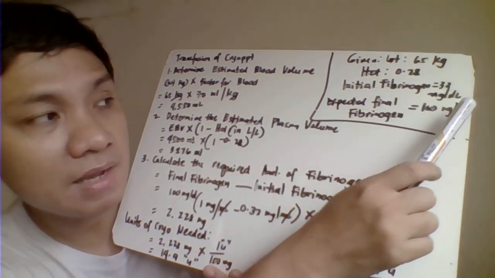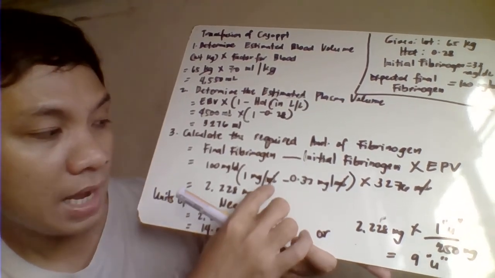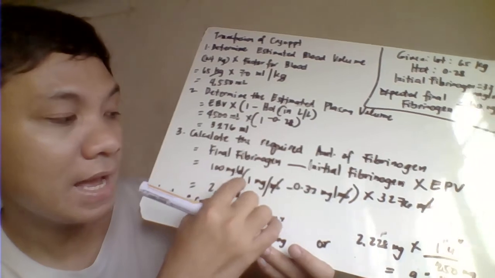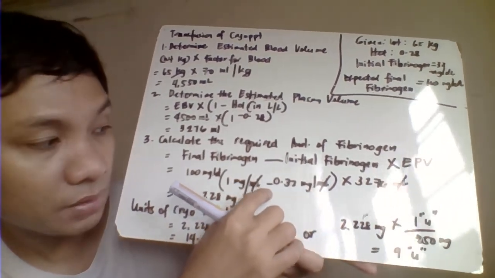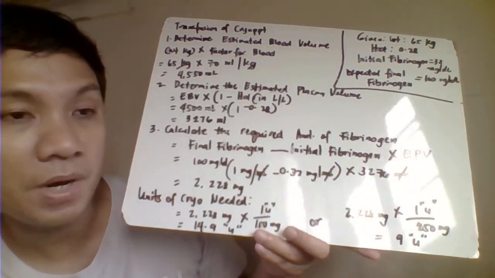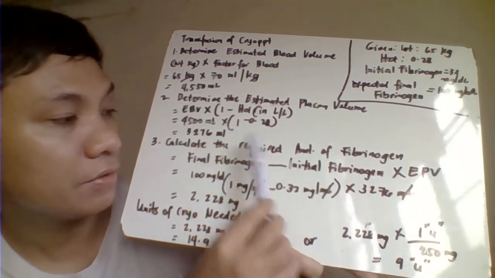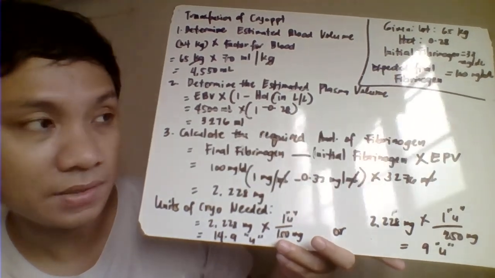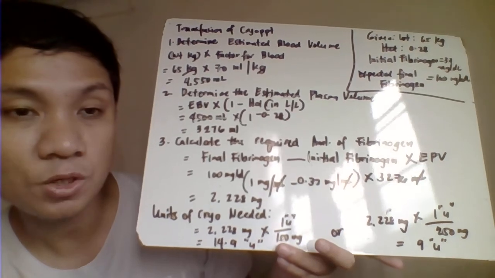But since the value is in mg per dL, we need to convert that to mg per mL, so we divide by 100. So 1 becomes 1 mg per mL, and 32, divided by 100, is 0.32 mg per mL. Multiply by our estimated plasma volume. So the fibrinogen we need is 2,228 milligrams of fibrinogen to be given to the patient.